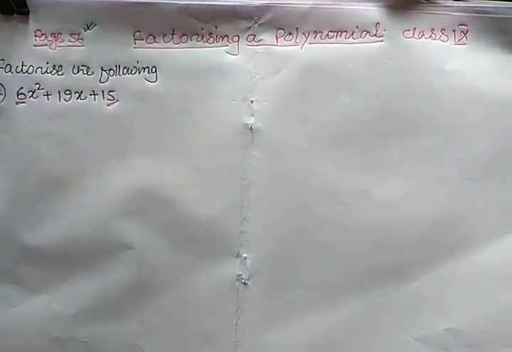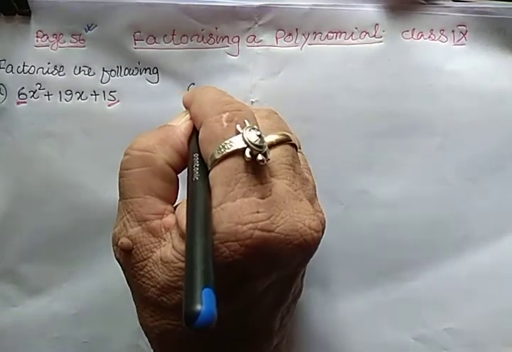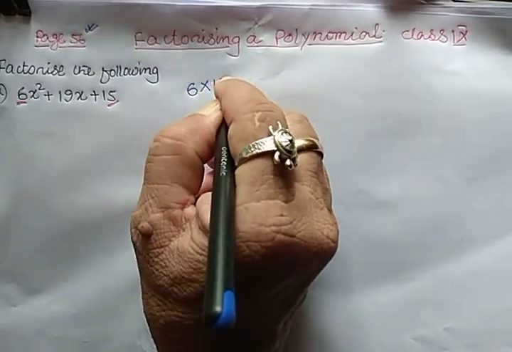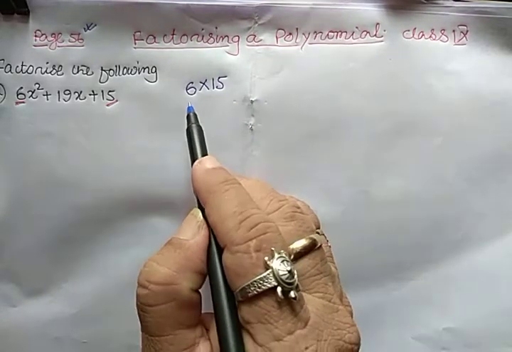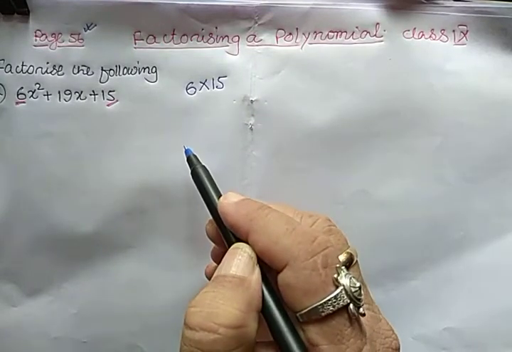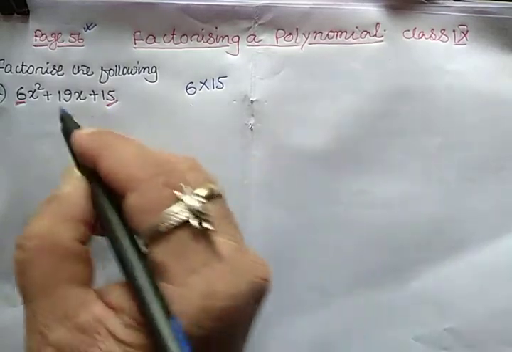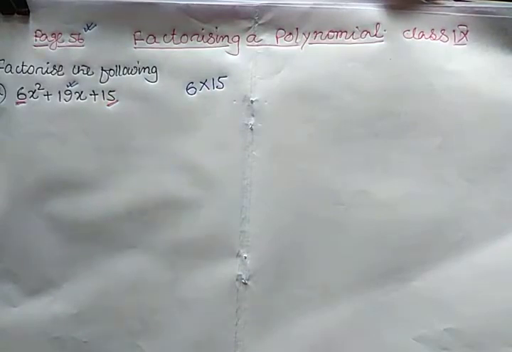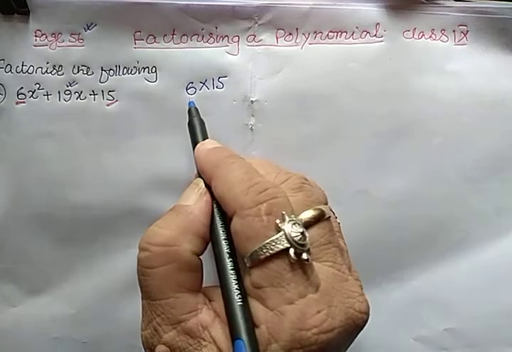What is the coefficient of x square? 6. And what is the constant? 15. So what we need to do, we have to break these numbers in such a way that by adding you should get this 19, and by multiplying you should get 90.